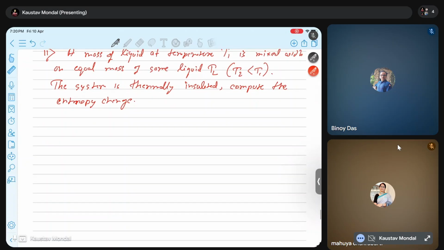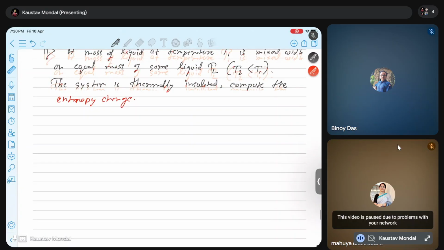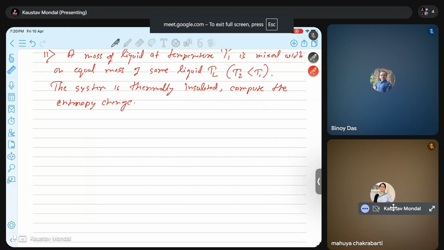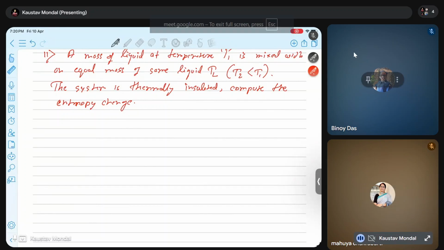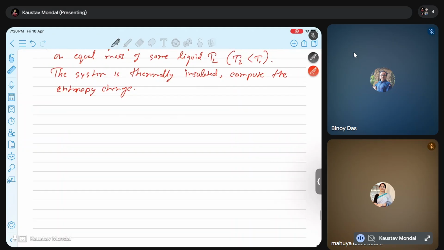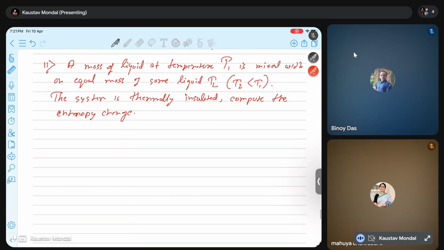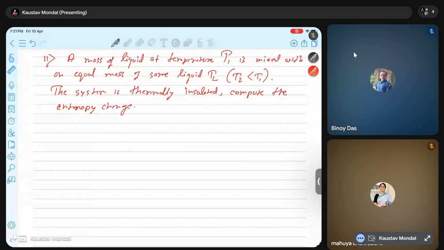If you mix two liquids at temperatures T1 and T2, when this mixture comes to thermal equilibrium, you have to first find out the equilibrium temperature. The heat rejected by the hot liquid is the same heat that will be absorbed by the cold liquid.